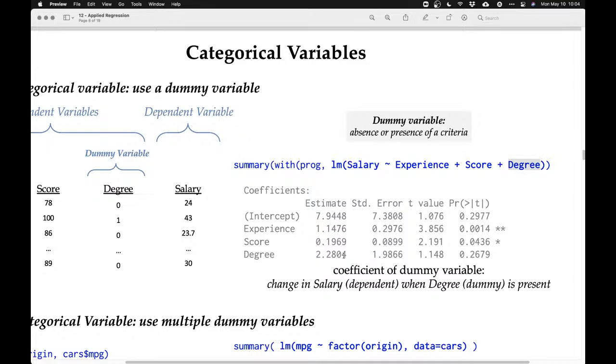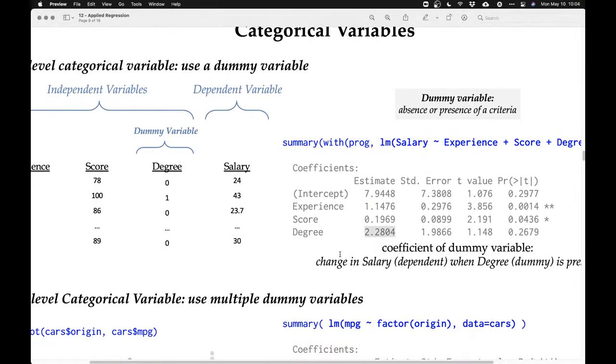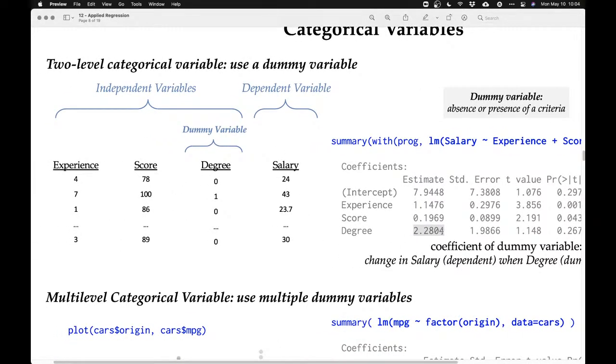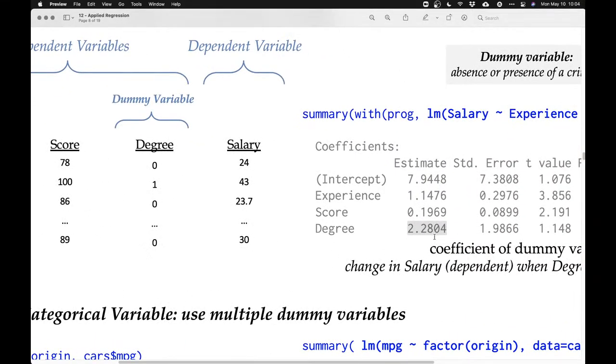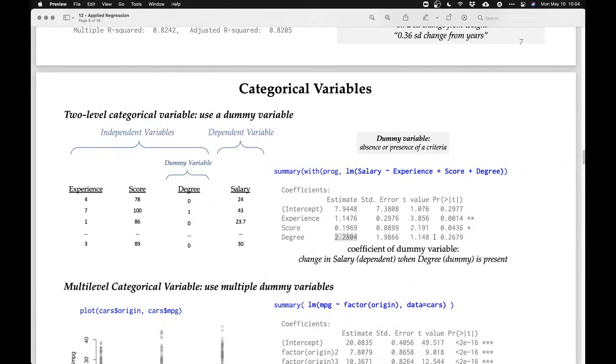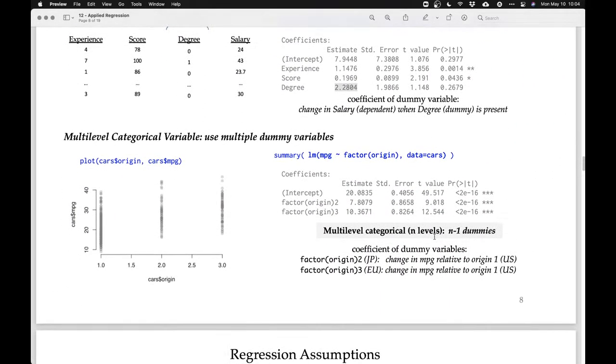We can interpret this coefficient, again, where the outcome is salary, as: having a degree changes your salary by this amount versus not having a degree, the difference between 0 and 1. So now what do we do with car's origin?